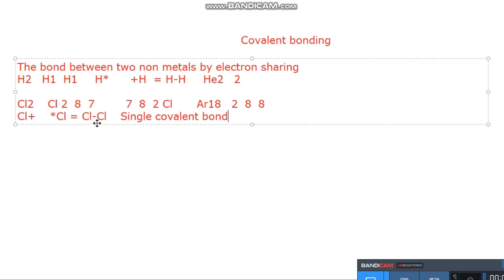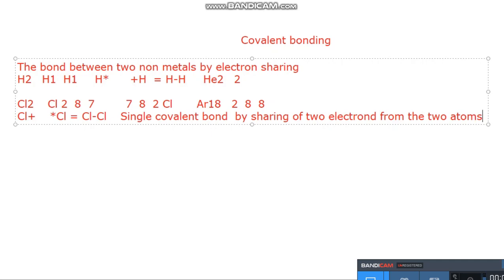So the single covalent bond is formed by sharing of two electrons from the two atoms.